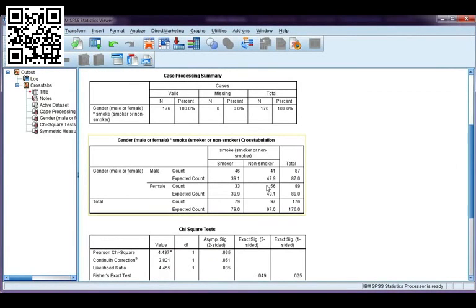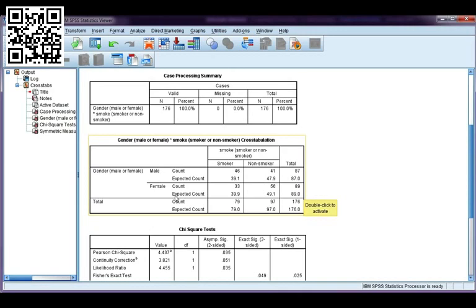Okay, let's look at our first table. This has our crosstabs, and we have our observed count, and we have our expected count. Now, the expected count is what we would expect to observe if there was no association. So, for example, if gender had no relationship with smoking status, so gender was independent from whether or not someone smoked, we would expect to observe around 39 males who are smokers and 47 or 48 males who are non-smokers.